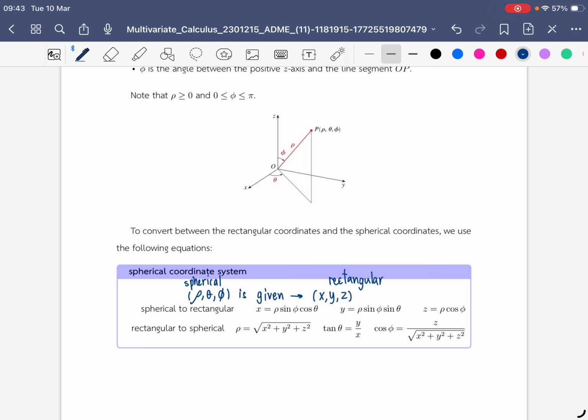And z is cos phi. So z over rho is rho cos phi over rho, which is cos phi. This we will use to find the angle phi.